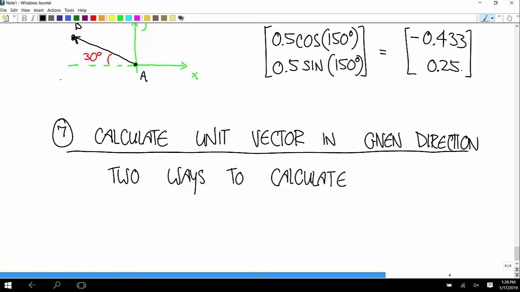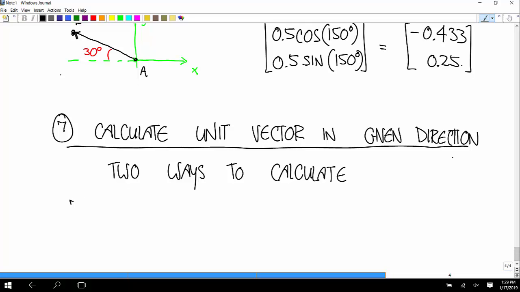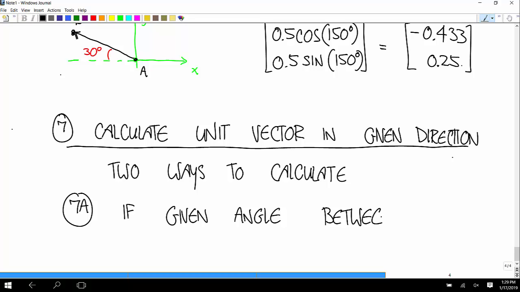The first one, 7a, is if you're given the angle between a desired vector and some reference line.